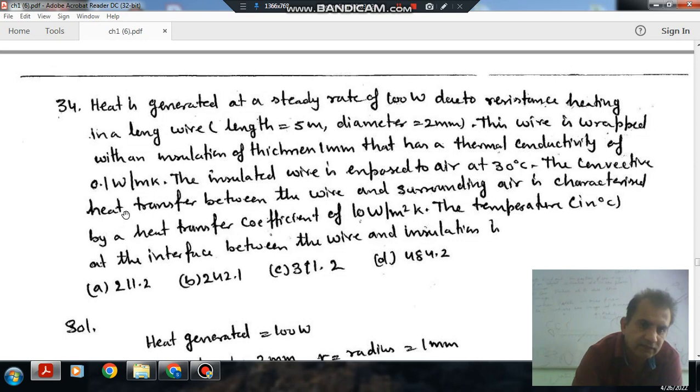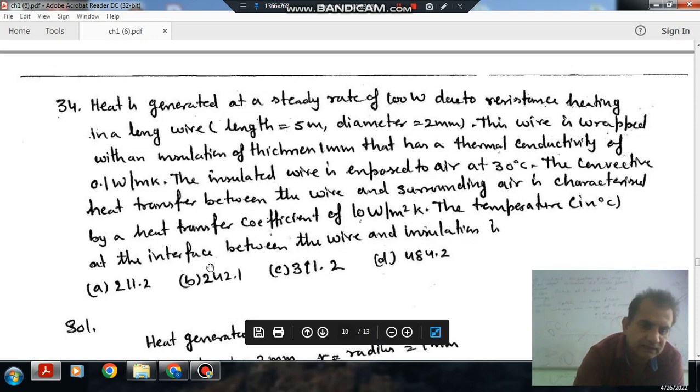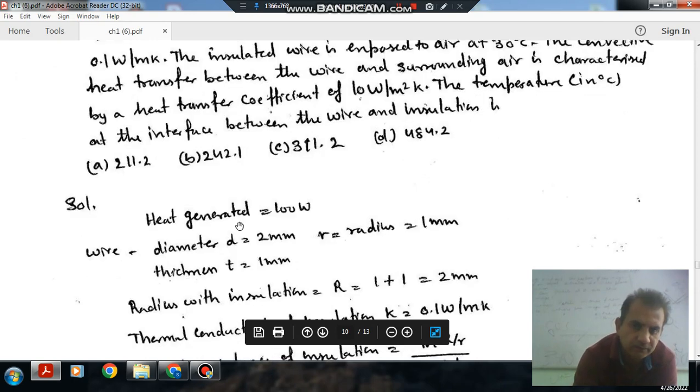The convective heat transfer between wire and surrounding air is characterized by a heat transfer coefficient of 10 watt per meter square per degree Kelvin. The temperature in degrees Celsius at the interface between the wire and insulation is: option A 211.2, option B 242.1, option C 311.2, option D 484.2.